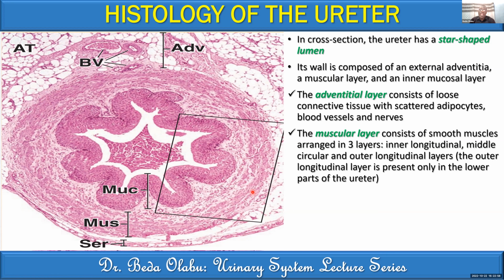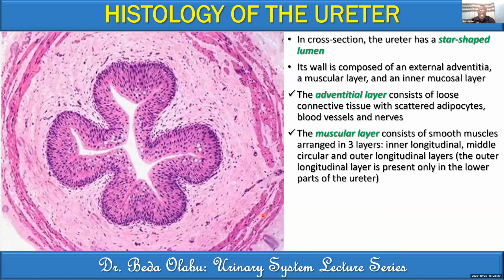The arrangement of muscles within the lower ureter is similar to the arrangement of muscles within the urinary bladder wall. And so I'll not talk much about the bladder histology because it is the same concept, the only difference being the thickness and the size. So this shows you the muscular layer of the wall of the ureter containing smooth muscles.